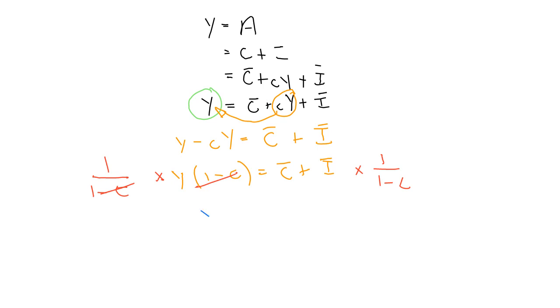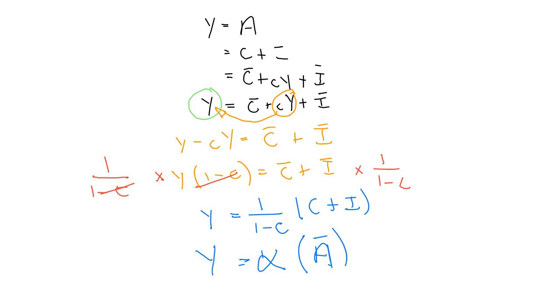And therefore, you end with the equation Y is equal to 1 over 1 minus C multiplied by C bar plus I bar. And ultimately, this is what we call the multiplier, which you multiply by aggregate spending. And that's what Y is going to equal. And this is how you get to your equilibrium point.